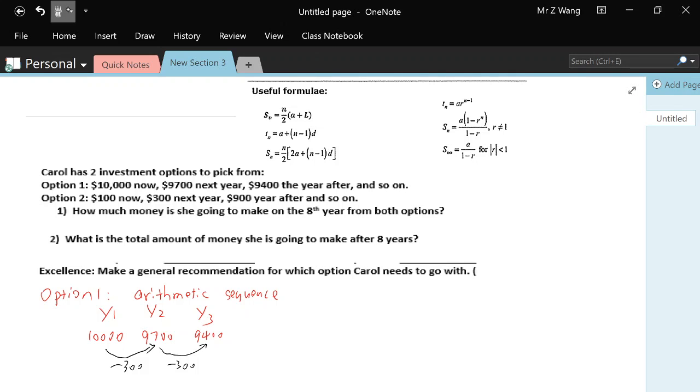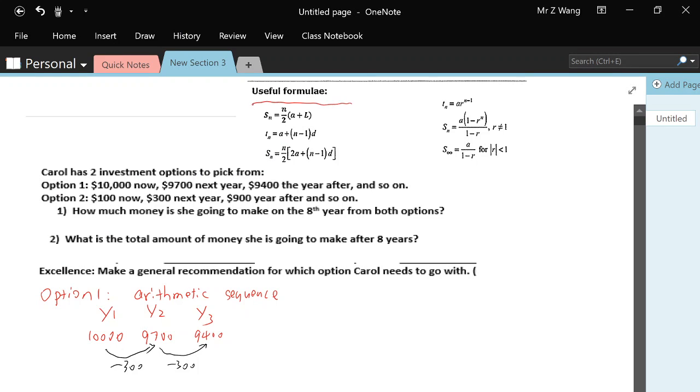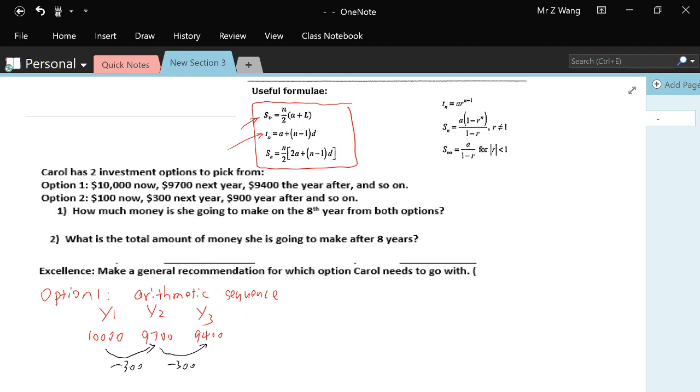This is called an arithmetic sequence, and you need to use the formula from here. Now this S means sum, adding up. This T means a specific year. So question one is actually asking you about the 8th year.